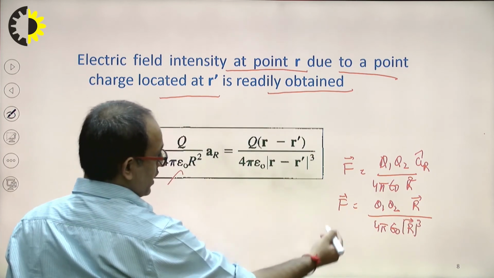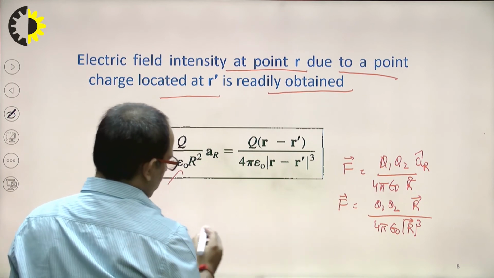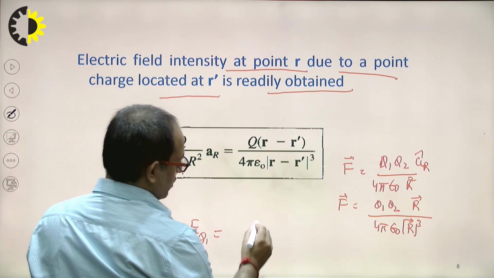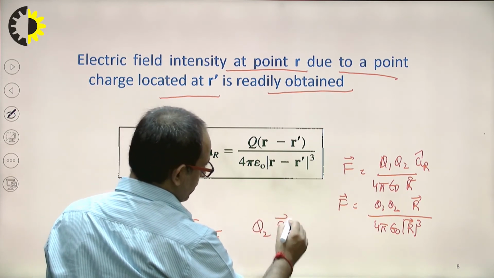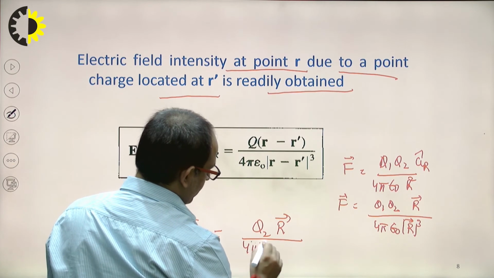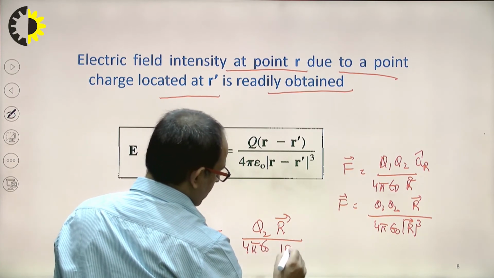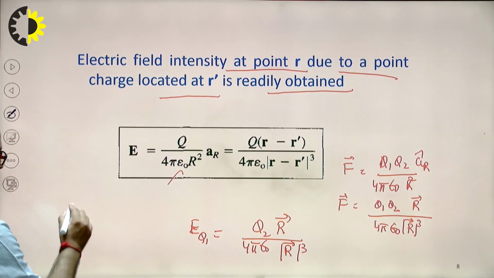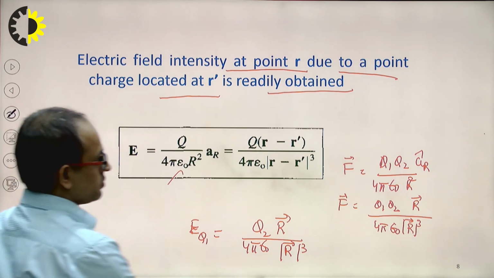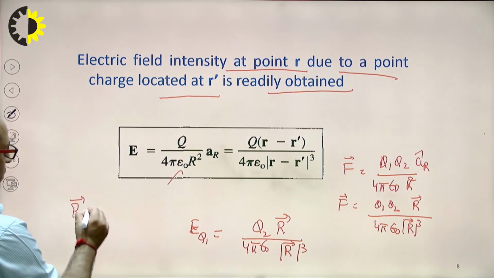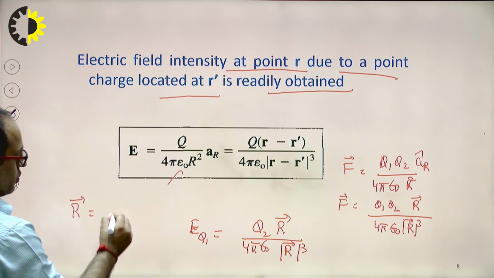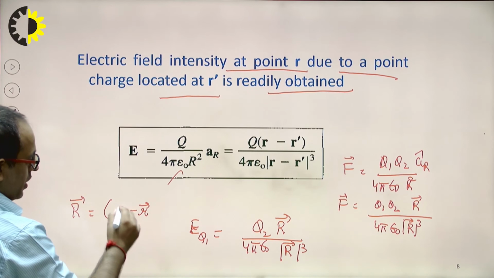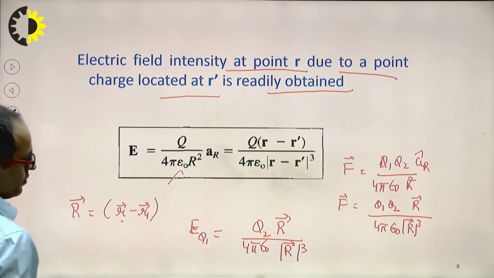Now if I say the electric field at point Q1 will be equal to what? Q2 into R vector divided by 4 pi epsilon naught, this one, and this R vector will be what? Distance vector, that will be equal to R minus R dash. Clear?